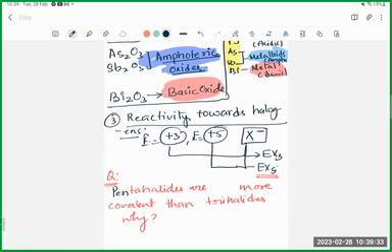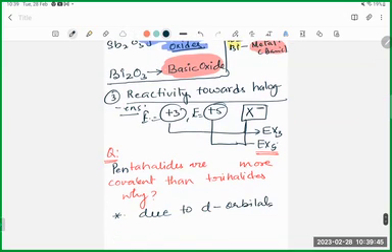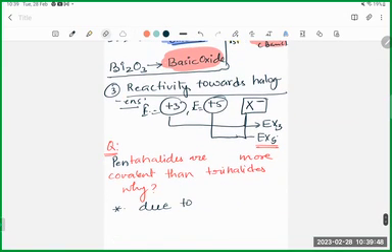And why are pentahalides more stable? Because of the availability of d orbitals.